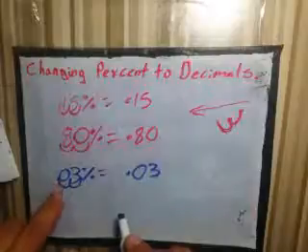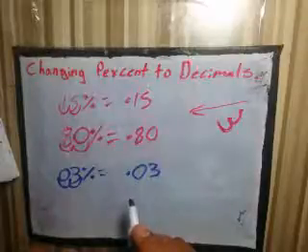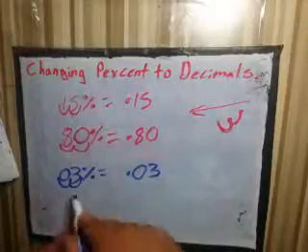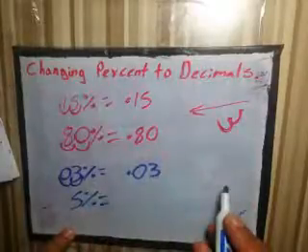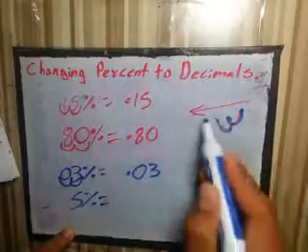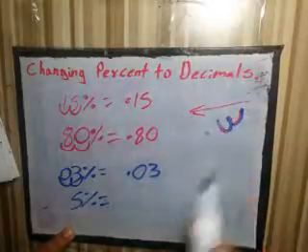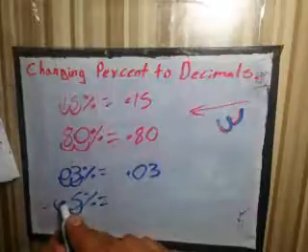Let's do another one I'd like to share with you. If they ask you to change 5% to decimals, we say the rule: two places to the left. Two places to the left. Here is 1, here is another one, but we have a space here.